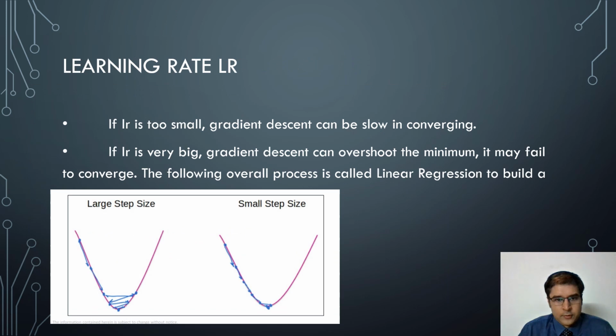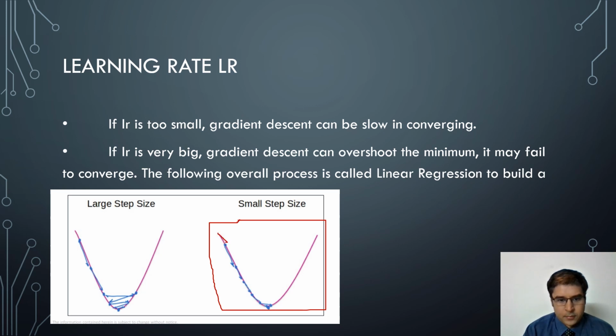Now we discuss the consequences of the learning rate value. Learning rate can be written as LR. If LR is too small, gradient descent can be slow in converging. So if we have a small step size here, and this is the curve that represents the cost function, which has the minima here.